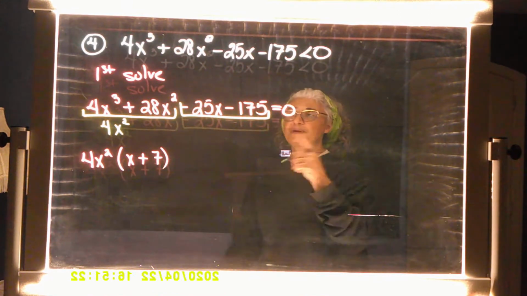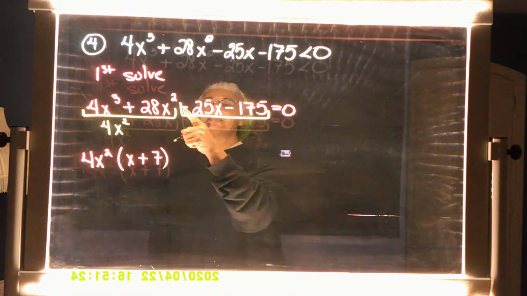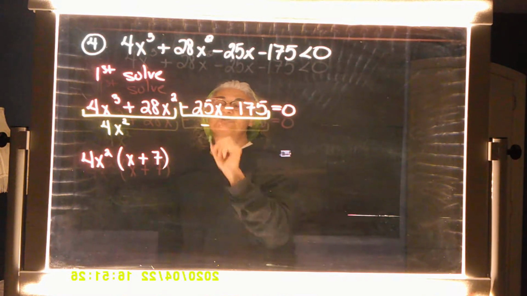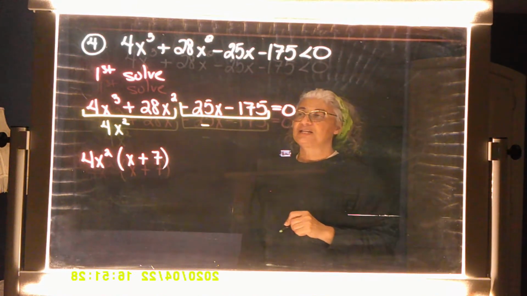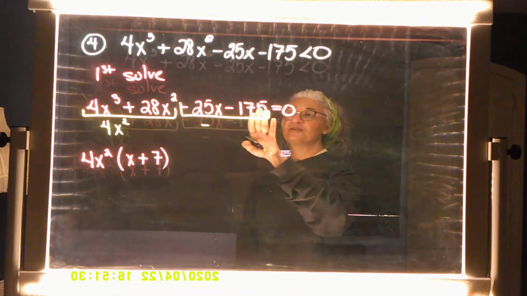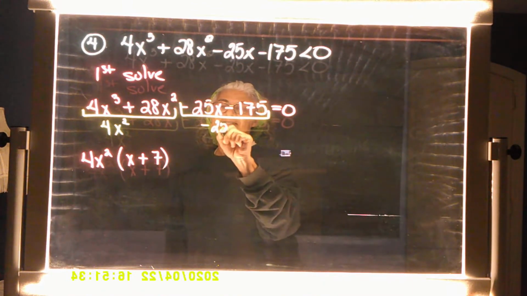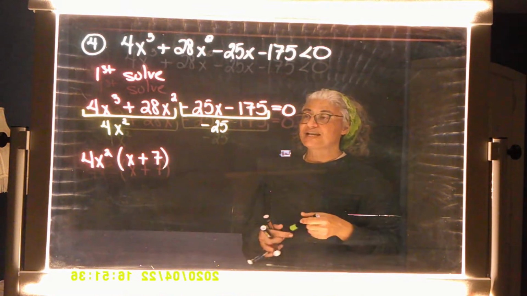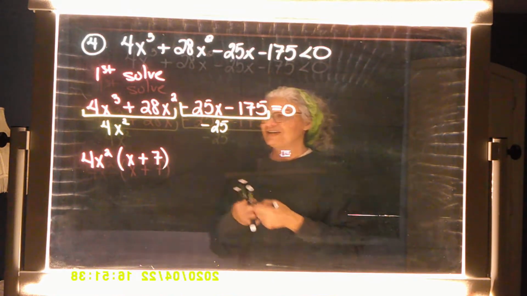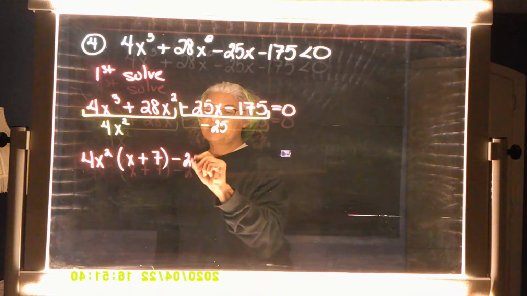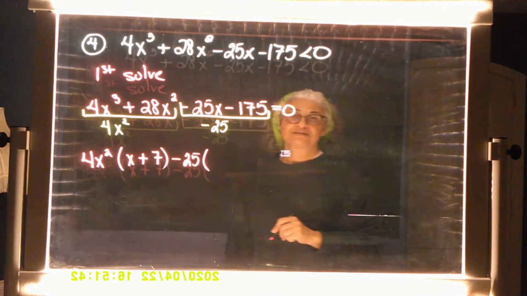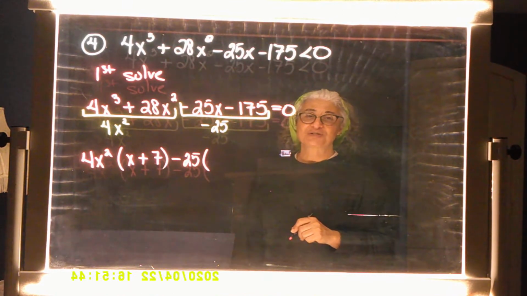In the second pair, I'm noticing this first term is negative, so I know I'm going to factor out a negative. Now, what goes into 25 and 175? Good, 25. So in the second pair, I'm factoring out a negative 25. So when I factor that out, I know some of you went to your calculators.